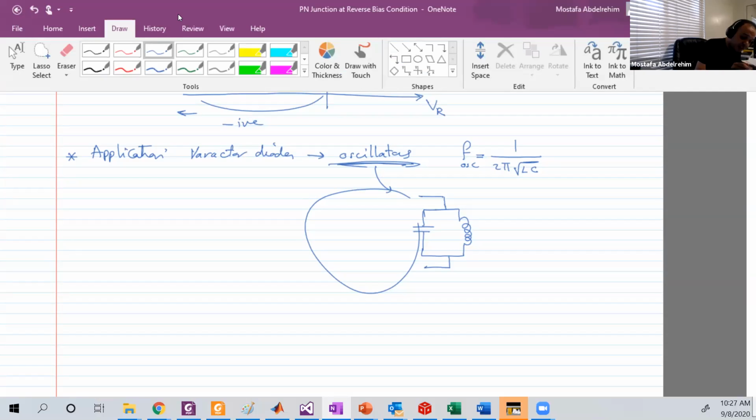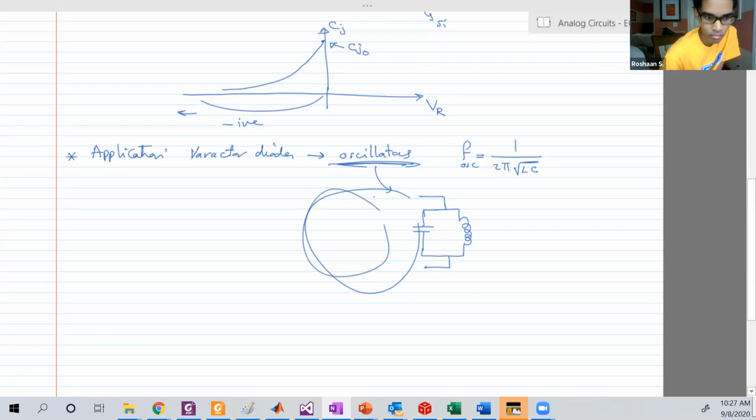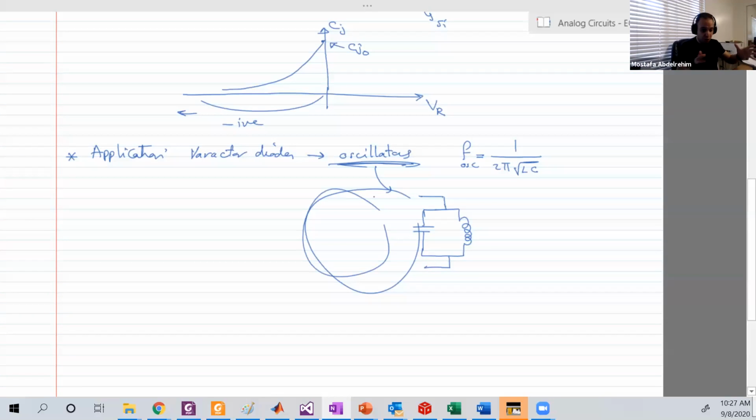There are other parts in the circuit that, overall with this essential part, will generate the signal for you. But this is the part that we are interested in. By changing the capacitance of that capacitor, we can change the output signal. Okay, that's it.